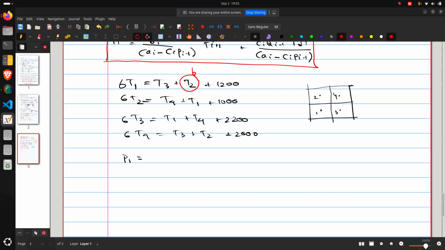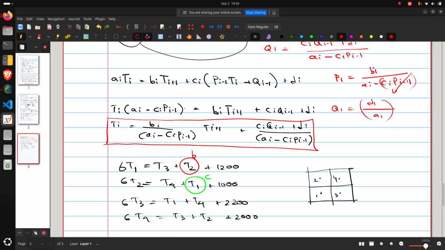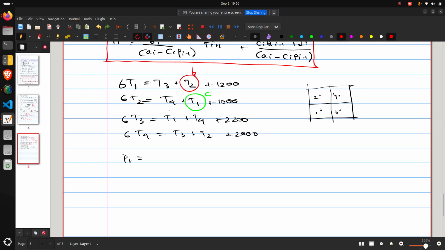There is no B. There is just C. Let me just draw C like this. And what about T3? For T3 the B will be T4, right? So this will be the B, and this will be C.